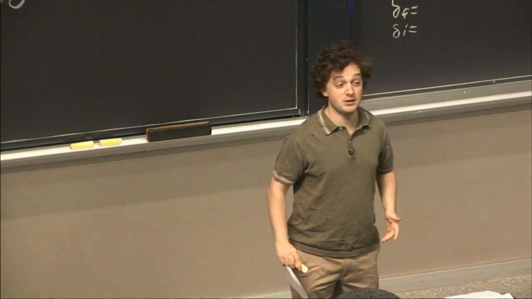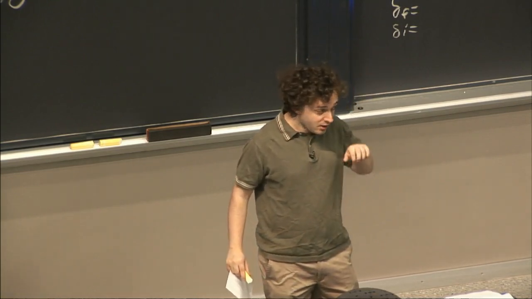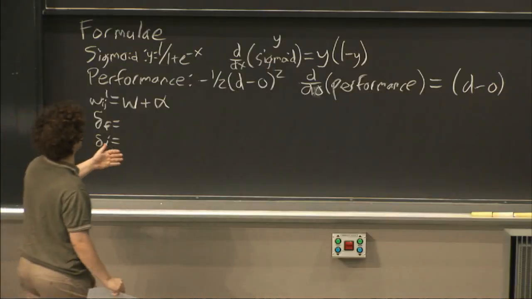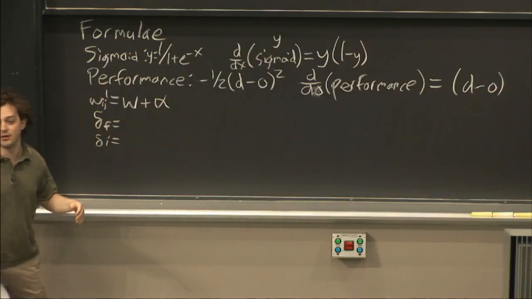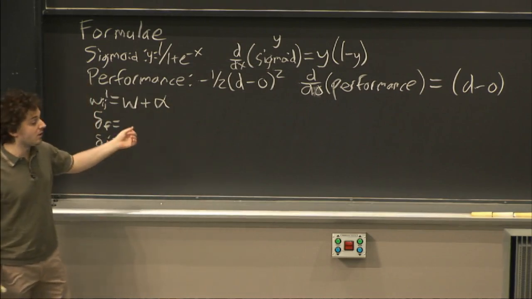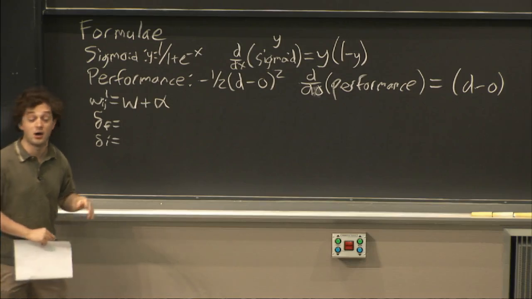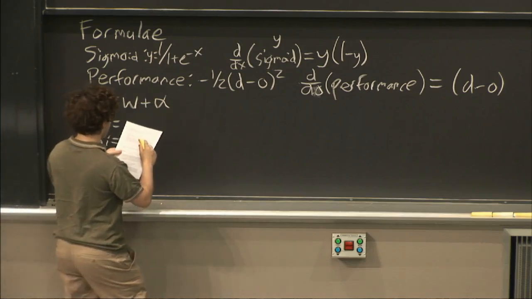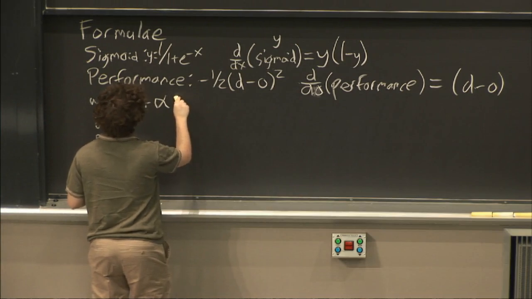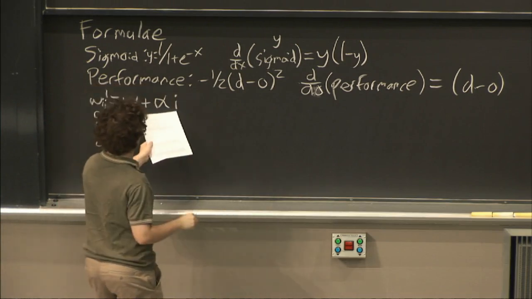Very large alpha, take a huge step. Very small alpha, take tentative steps. So alpha is just there to change the answer to make the new value either very close to W or very far from W, depending on our taste. So plus alpha times i.